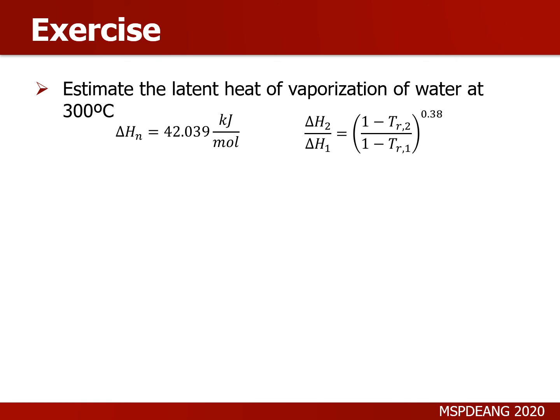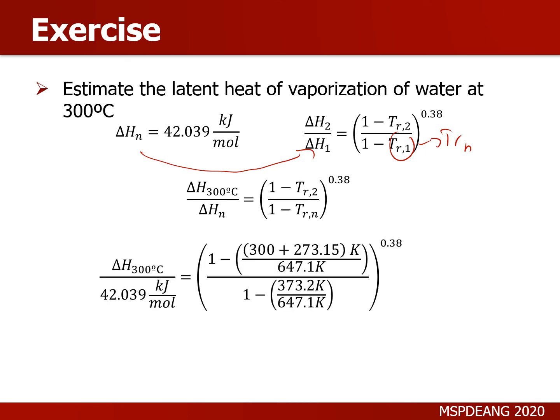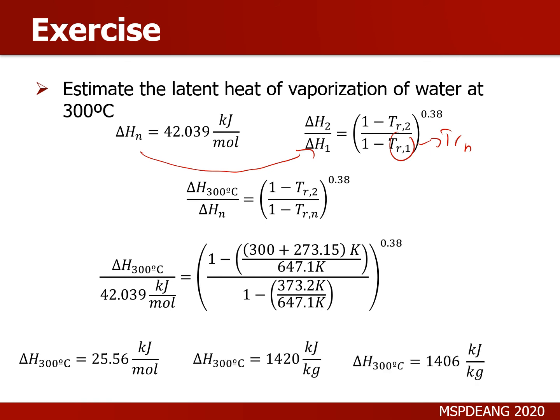So gamitan natin, delta H1 is delta Hn and TR1, this is now TRN since ano yung given na value natin. So using this, substituting our known values, you can now get the heat of vaporization at 300 degrees Celsius, which is 25.56 kilojoules per mole. Converting this to kilojoules per kilogram, it's 1420. And comparing this to the steam table value, which is 1406 kilojoules per kilogram.